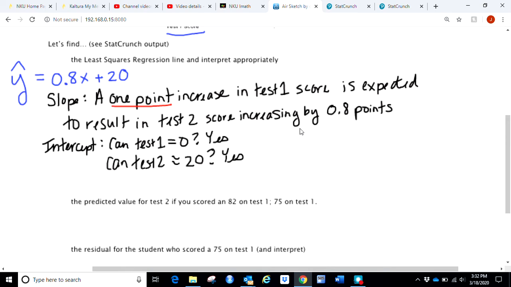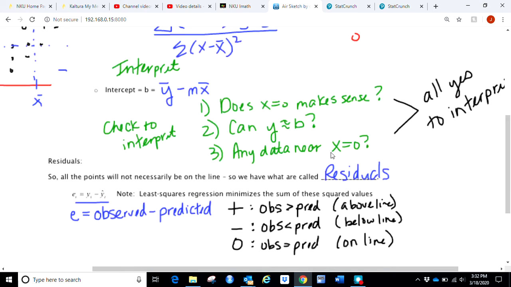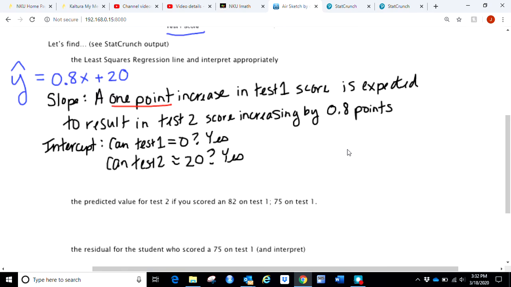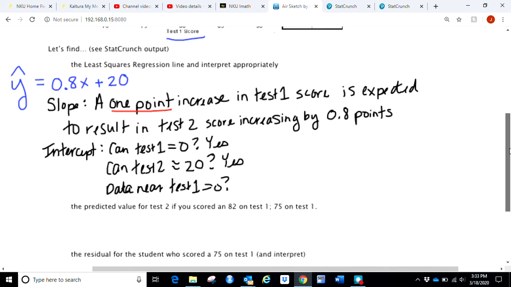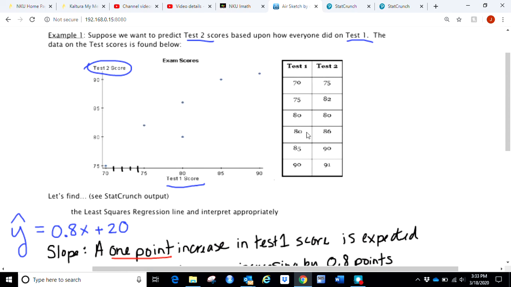Finally, our third question is, do we have any data near x equals 0? Again, x is our test 1 score. So we're asking, do we have any data near a test 1 score equal to 0? There are 2 different ways for us to see the answer. We can look at the actual data: test 1 scores only range between 70 and 90. Also visually, where would a test 1 score of 0 be?